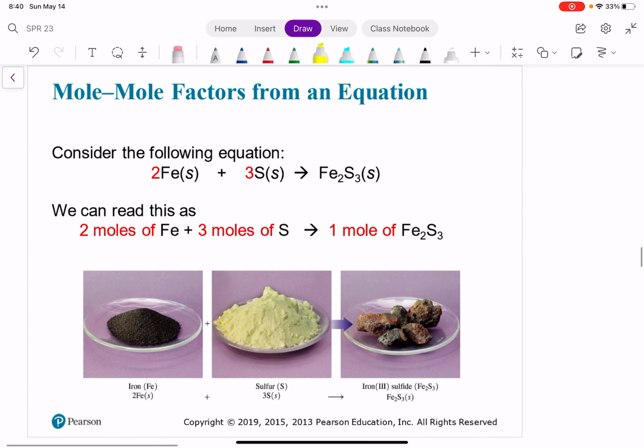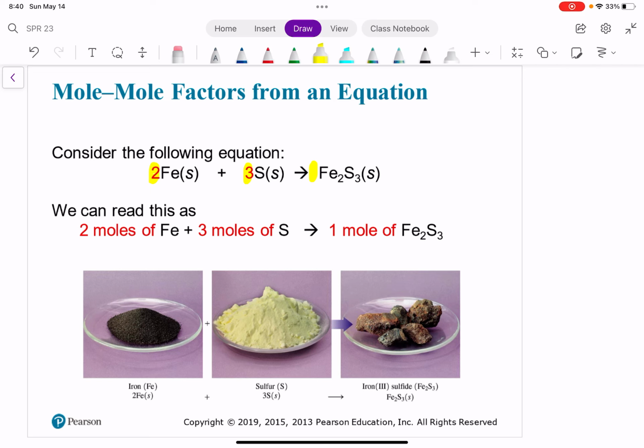Looking at this equation closer, we can use the coefficients in front of each of our reactants and products to determine how many moles are reacting in this equation and how many moles are formed.